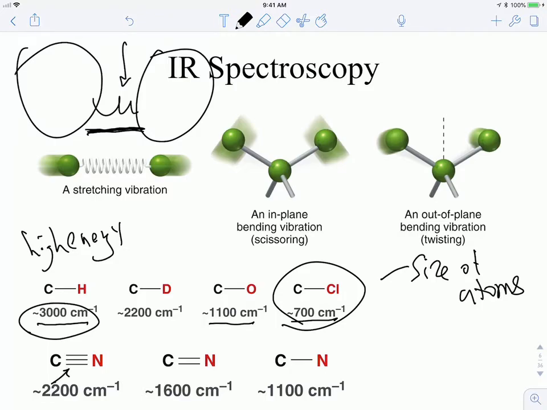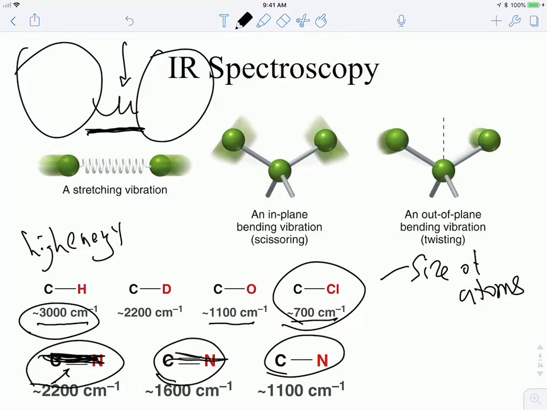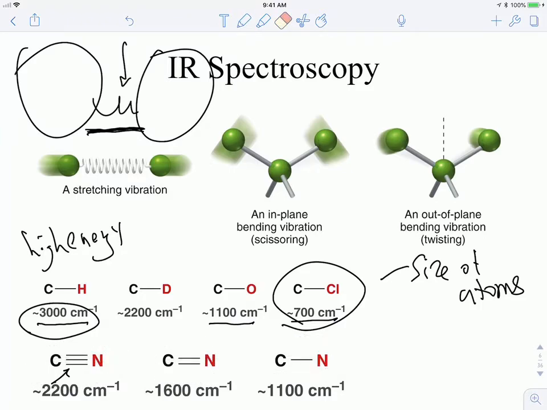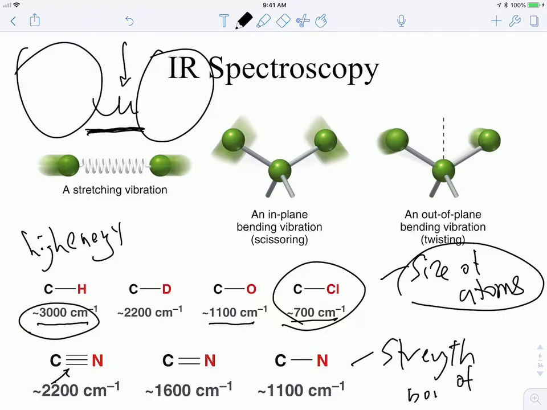So a triple bond is going to be a stronger spring than a double bond, which is going to be a stronger spring than a single bond. Since the spring is stronger, this bond is going to vibrate faster, this bond a little bit slower, this bond really slow. So the two trends that you want to use to help you understand infrared spectroscopy are size of atom and strength of bond, or in other words, is it a triple bond or a double bond or a single bond?